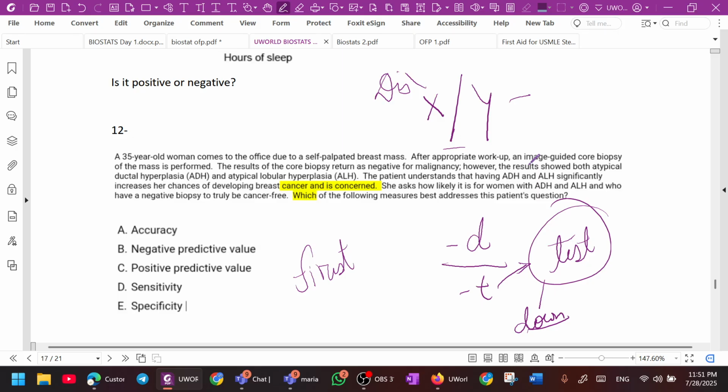Here you say test is negative, disease is negative, so it's negative predictive value. And on this one, if test is negative and disease is negative, it is specificity. Perfect. You got it. Okay, let's look at the answer. You're right, it's negative predictive value.